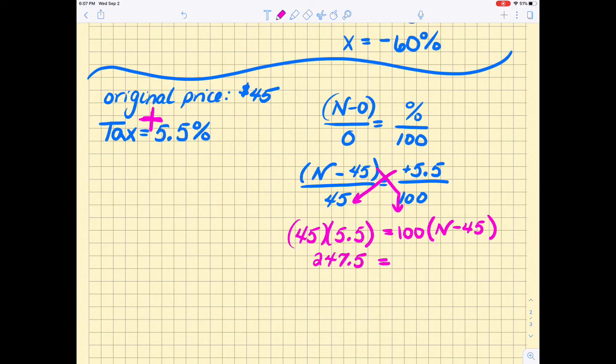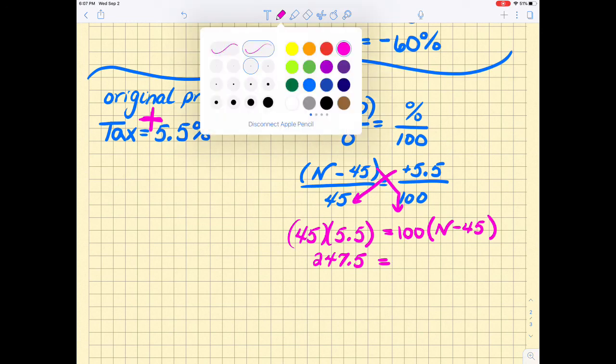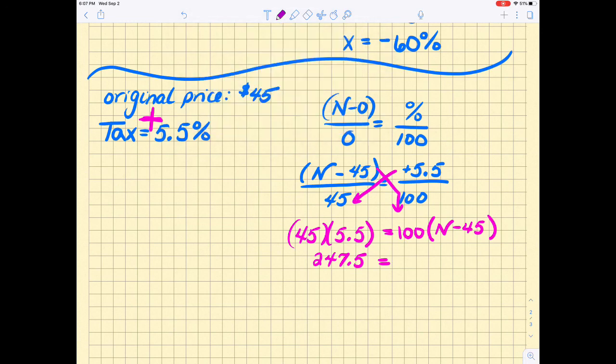What can we do on the right side to simplify? Well, we can distribute. We already learned this in the other chapters. If you're having a hard time, I would say go back and watch those again. 100 times n, so that would be 100n, minus 4,500. Watch your zeros here.